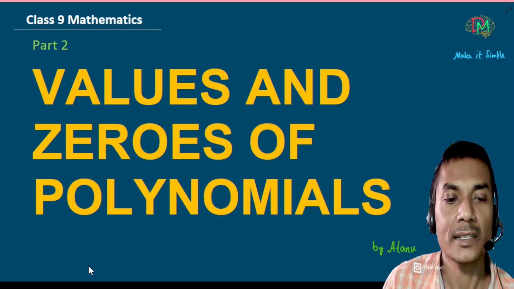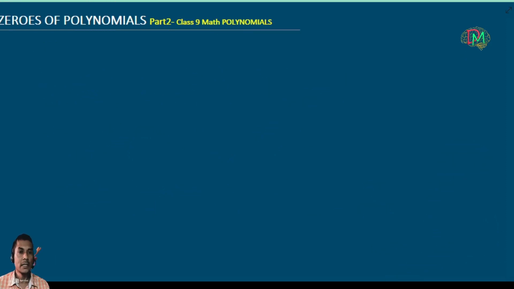So let's get started. Here we learn the zeros of polynomials and how to find the value of a polynomial for any given value of the variable. Okay, clear? So let's take one example: x cube minus 3x square plus 2x plus 1.